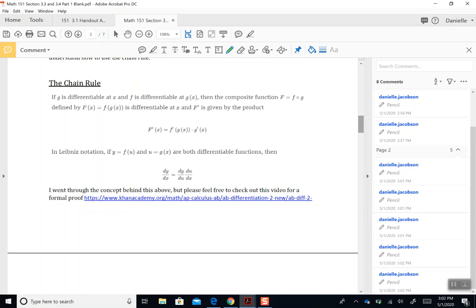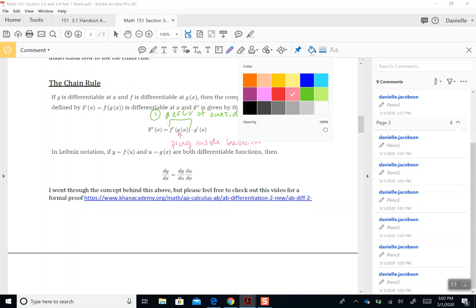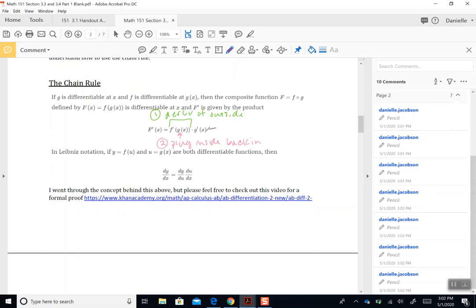The way that I usually say this is, first, take the derivative of the outside, which you do first. Then you plug the inside, or you could say the little function, back in. And then third, you multiply by the derivative of the inside.